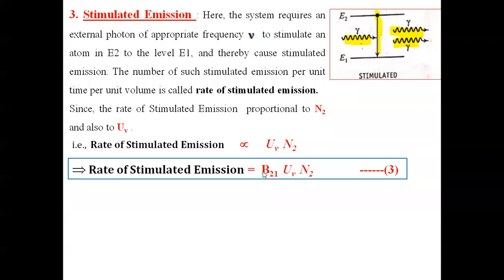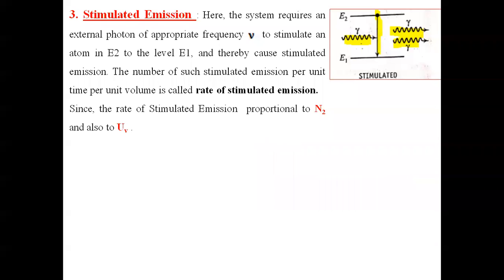Now the constant of proportionality, I will call it B21. This is the third Einstein coefficient. Now there are three equations: one for the rate of induced absorption, one for the rate of spontaneous emission, and the third for the rate of stimulated emission.